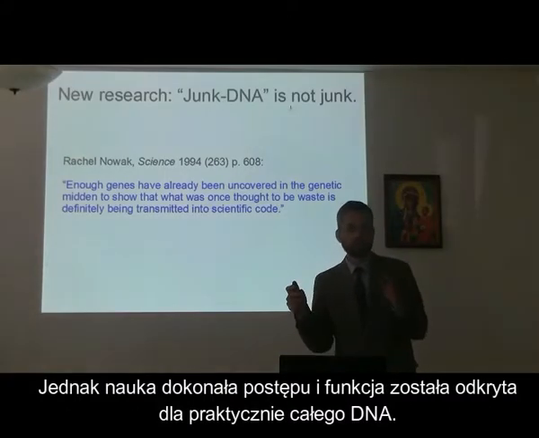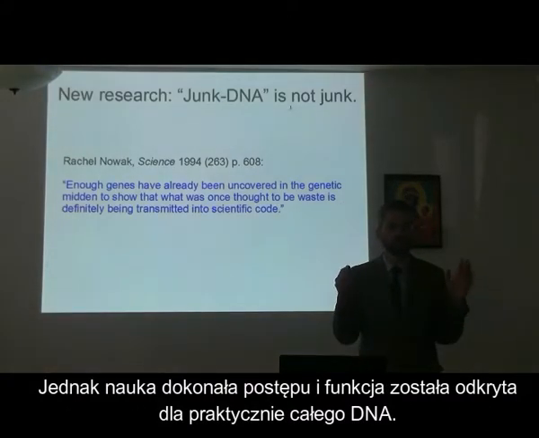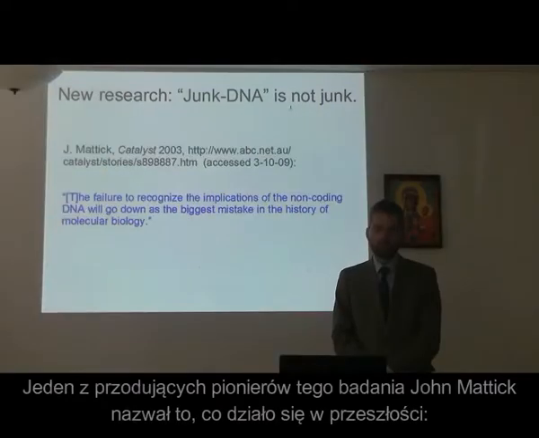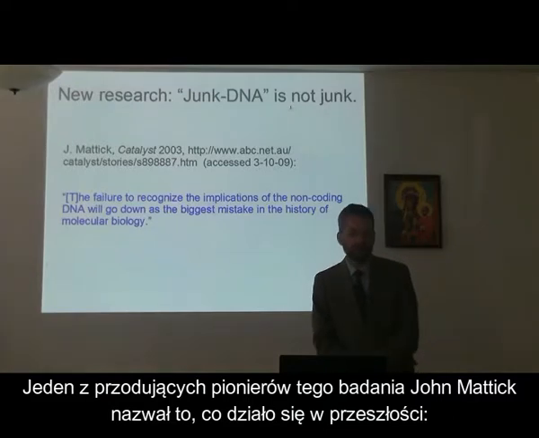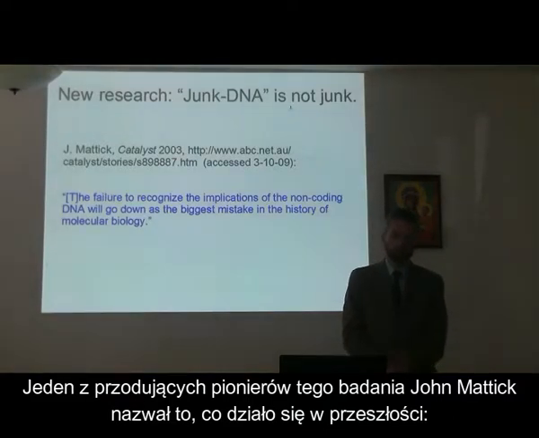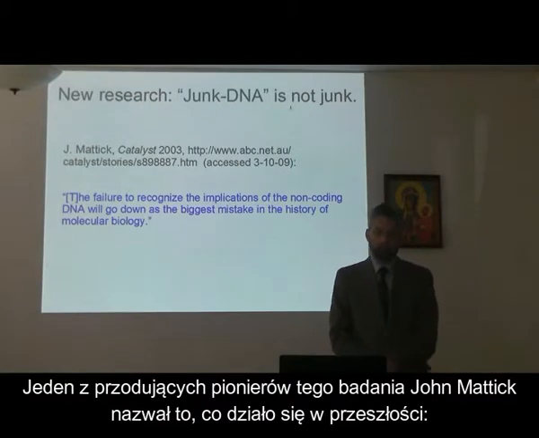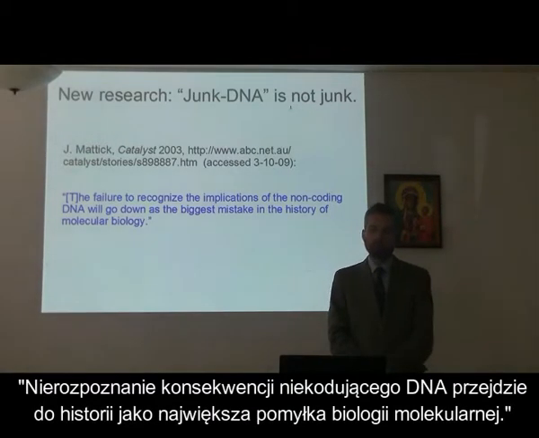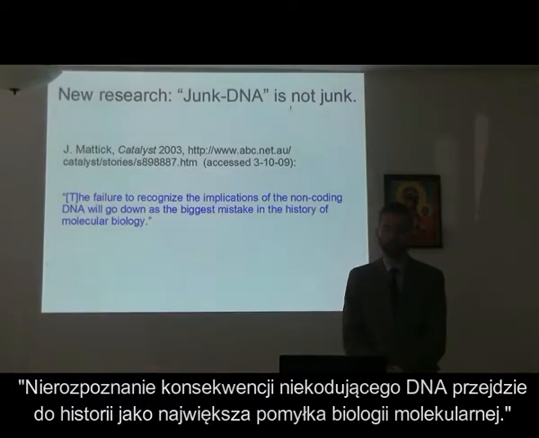However, science has progressed and function was found for virtually the entire DNA. And one of the leading pioneers of this research, John Mattick, called what happened in the past, the failure to recognize the implications of the non-coding DNA, will go down as the biggest mistake in the history of molecular biology.